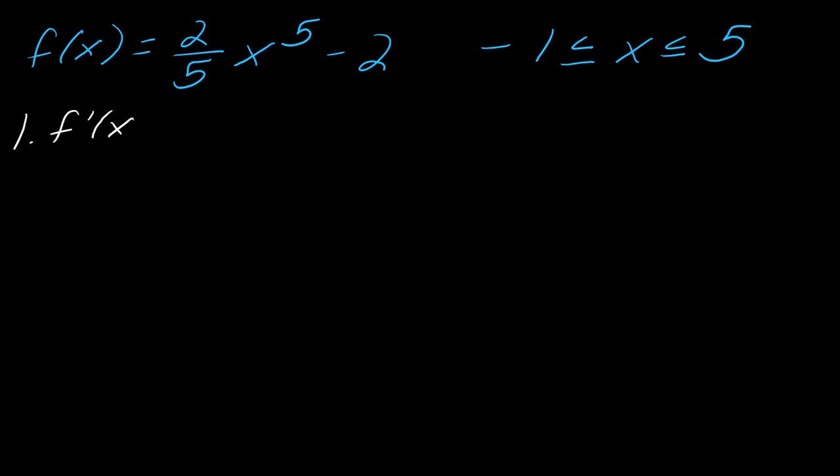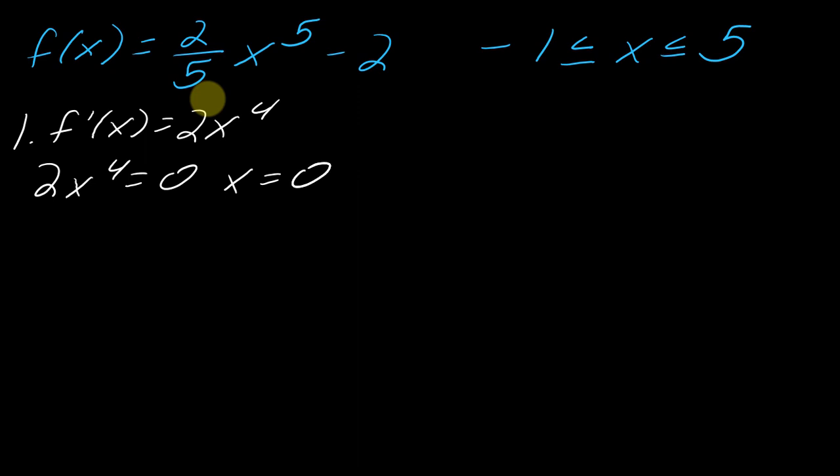So I have to find my f prime of x, which in this case is going to equal 2x to the 4th. And then for my critical points, it's either where this function is undefined, and if you think about this, this function has no points where it's undefined, right? We'll see some examples where that happens, but this one does not. So I just have to think about where this will equal 0, and this will equal 0 when x equals 0. Okay, so that's step 1.